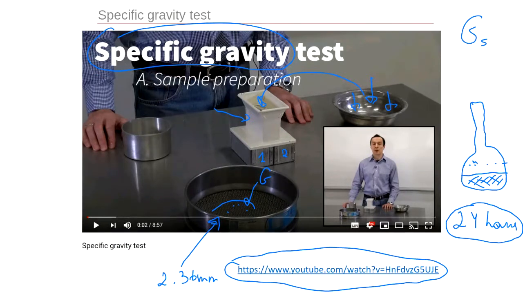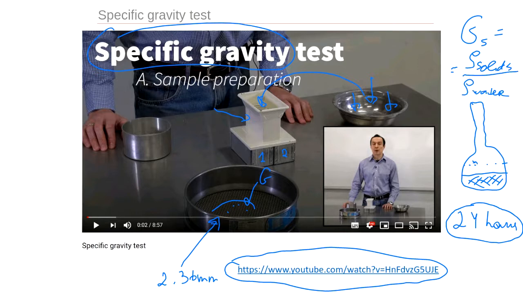Okay, so the definition of specific gravity is that it shows you how heavy solid particles are compared to water. The definition that I showed in the lecture is density of solids divided by density of water.